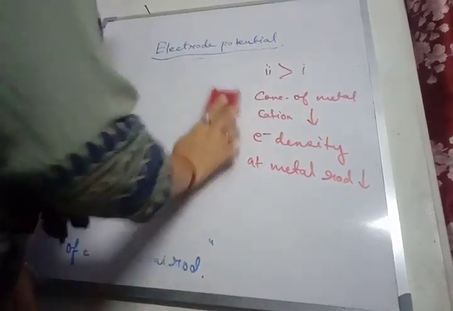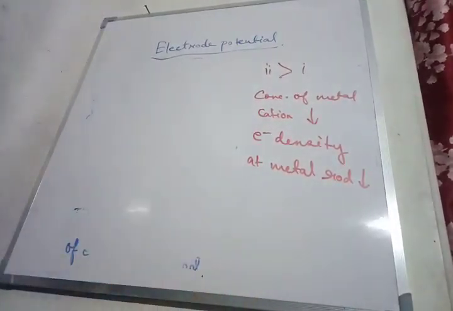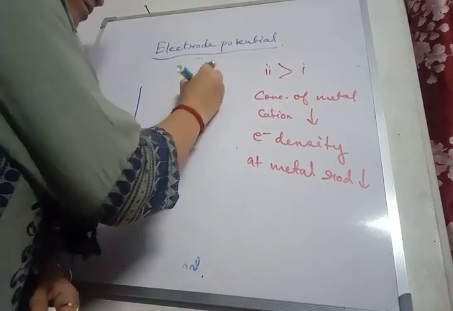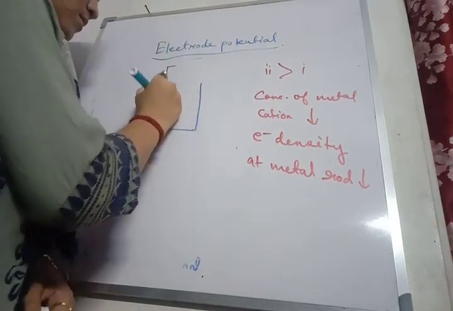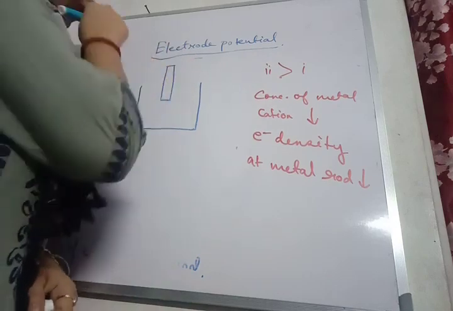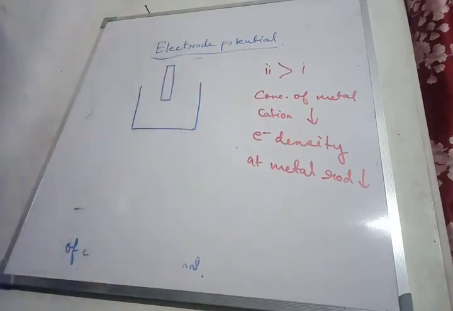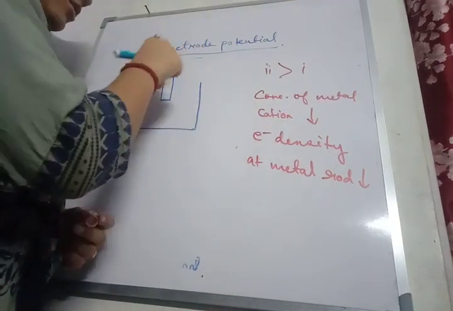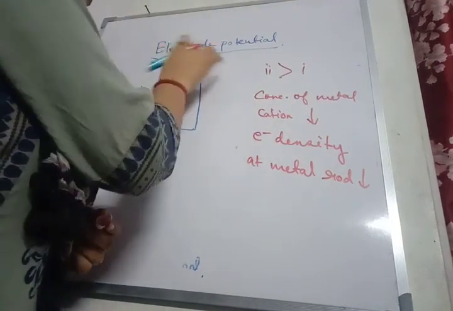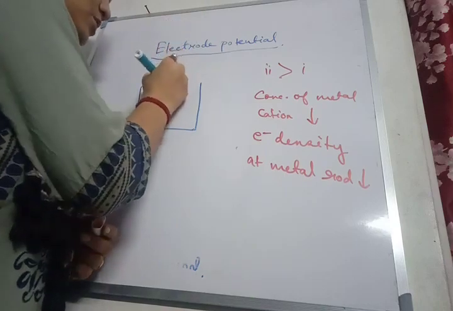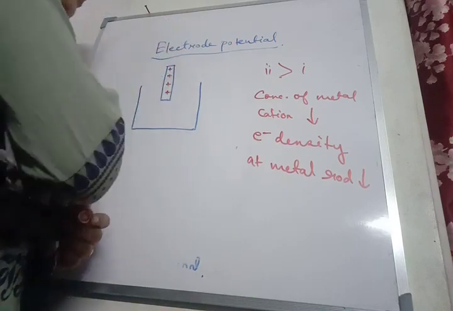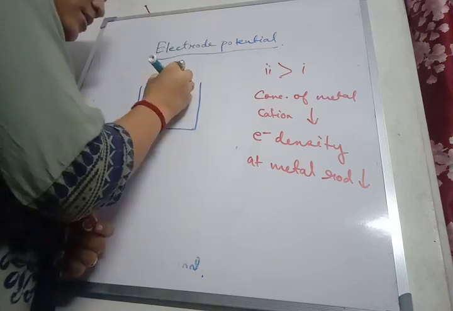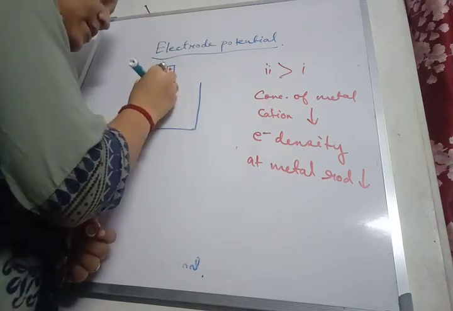And the scenario is this one. As the concentration of the electrons at the metal rod decreases, the metal surface is going to have positive charge, and since the concentration of the cations in the solution is decreasing, I represent that by negative sign.